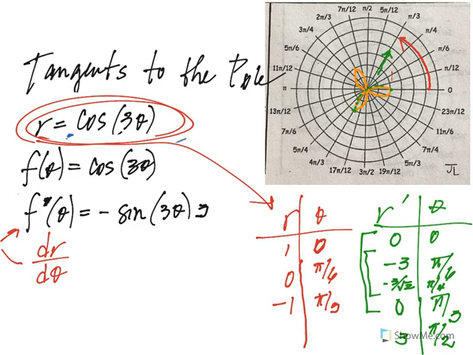And I guess I would just add to this picture, just to make sure that you completely understand this, as I then progress from pi over 3 to pi over 2 along the wheel, what you can see is that my r prime, that is the change in r with respect to theta, goes from 0 back to positive. So as I'm tracing this rose here from 2 pi over 3, which puts me right here on this petal, you can see that my r's start changing to be more positive.